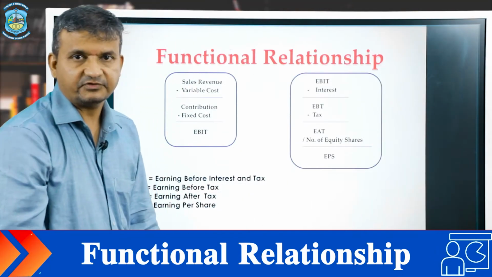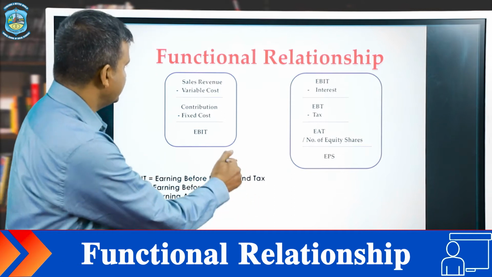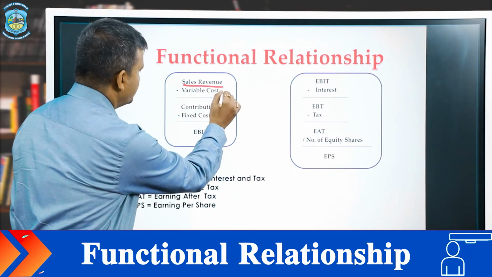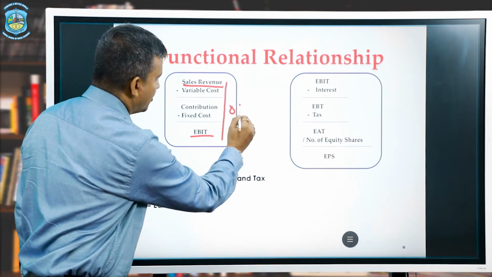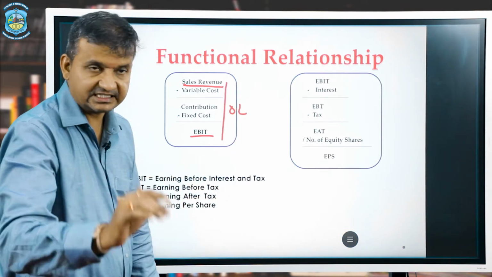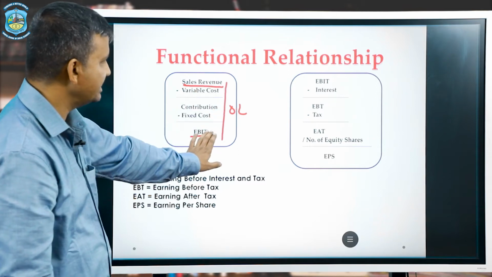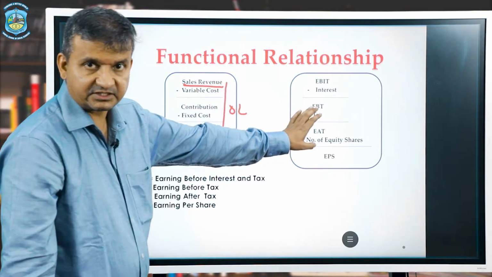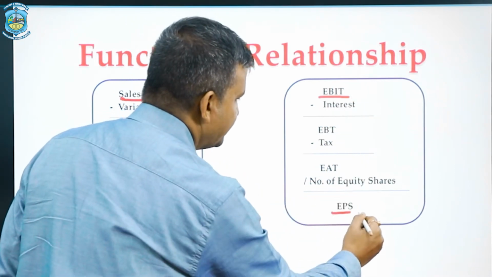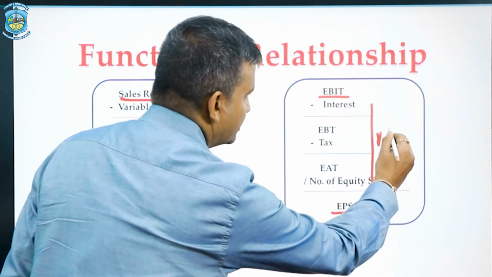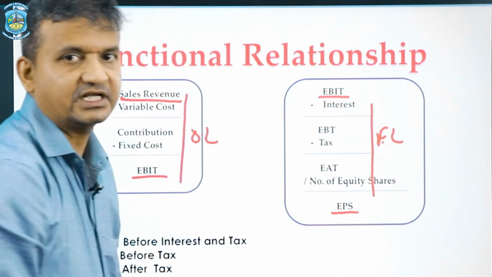Now let's understand the functional relationship. In this case, it's the sales revenue and EBIT. This combination is nothing but your operating leverage, because it studies the relationship between sales revenue and EBIT, whereas in the next channel you will see that it's the relationship between EBIT and EPS. This is nothing but your financial leverage.